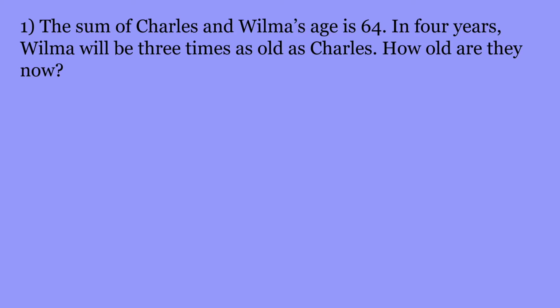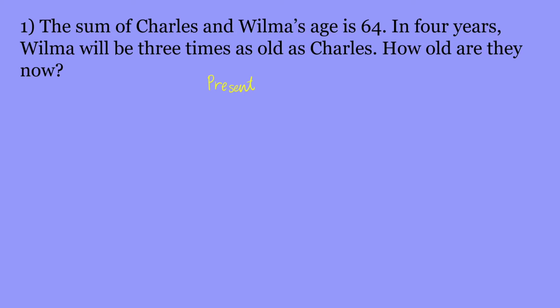In solving age problems, we need to identify the time frame, because there are present, past, or future time frames that are involved in the problem. So in this case, we can see that there's a present age for Charles and Wilma.